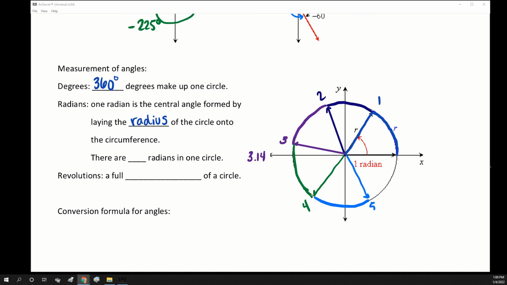That's going to be 5 radians. That's going to be 6. And then here is going to be 6.28.